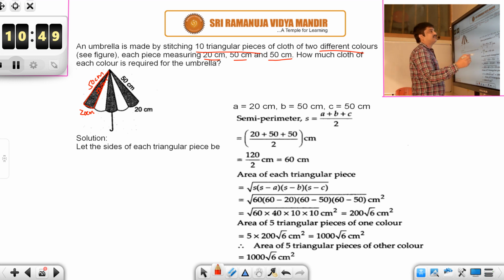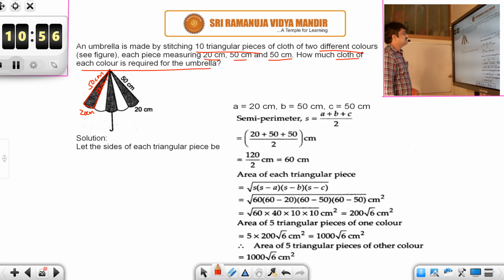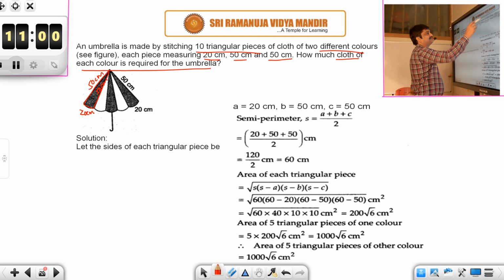Now you have been asked to find how much cloth of each color is required for the umbrella. See guys, first of all, how much cloth means, first of all, how many triangles are there? 10 triangular pieces of cloth, and you have been given the dimensions, and also you have been told that of two different colors, alternatingly you are using these colors.